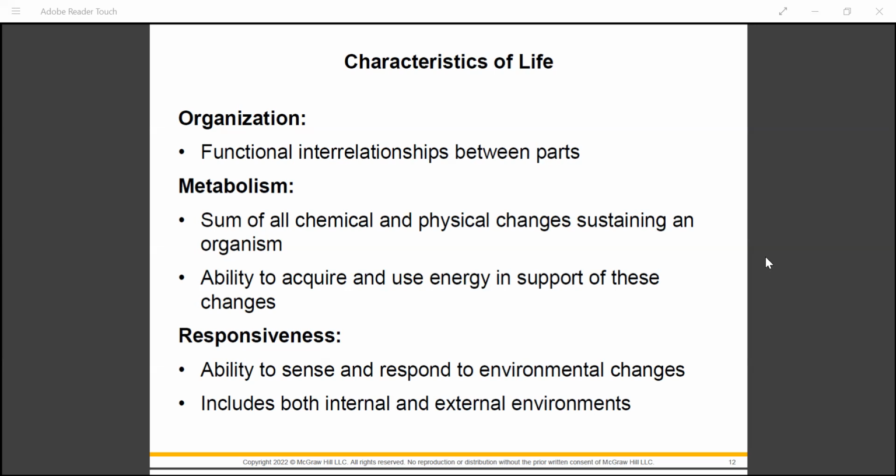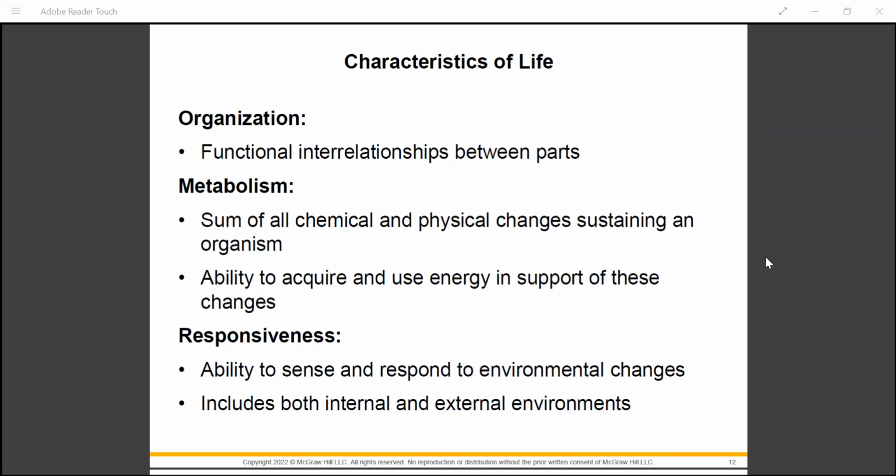So any organism is going to meet these 6 criteria, even if it's something as basic as a single-celled bacteria or something as complex as a human. So the first one we'll talk about is organization. This refers specifically to the interrelationships between parts of an organism.